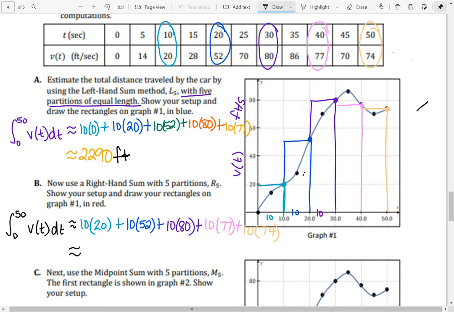And I get approximately 3030 feet. And here I can see the rectangles kind of hang over more than there's under. So this looks like an over approximation. So I could say that between the two, the car traveled somewhere between 2,290 feet and 3,030 feet.